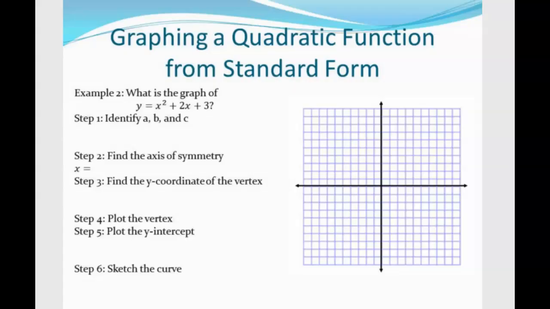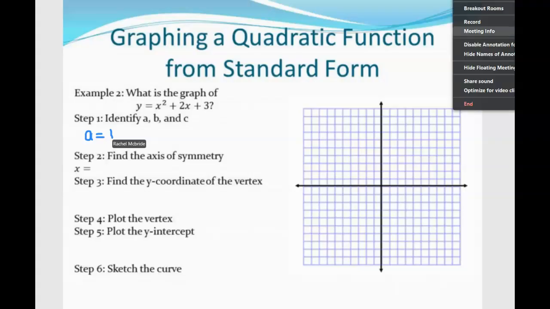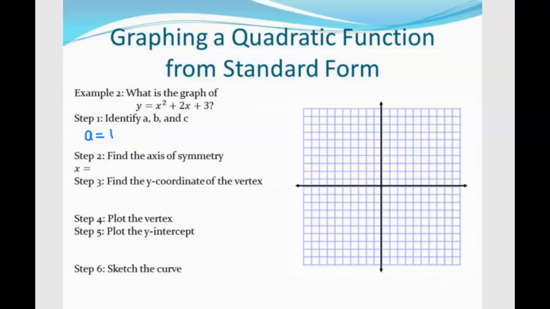Since the standard form of a quadratic goes in ABC order, the a value is on the x squared. So in this case, my a value is 1. The b value is always on the x. So in this case, it's 2. And the c value is always the constant, or 3.